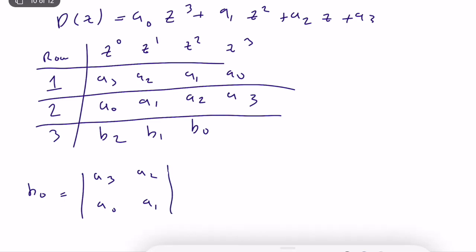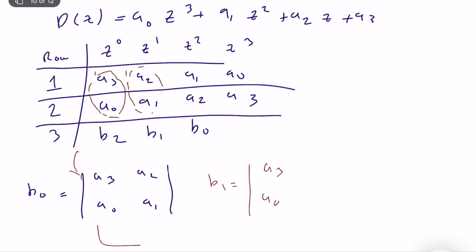Graphically, or table-wise, we take the first column of the matrix, and then we take the second one. We form a matrix using this column and this column here and compute the determinant. To compute b1, we do a similar thing, a3 and a0.